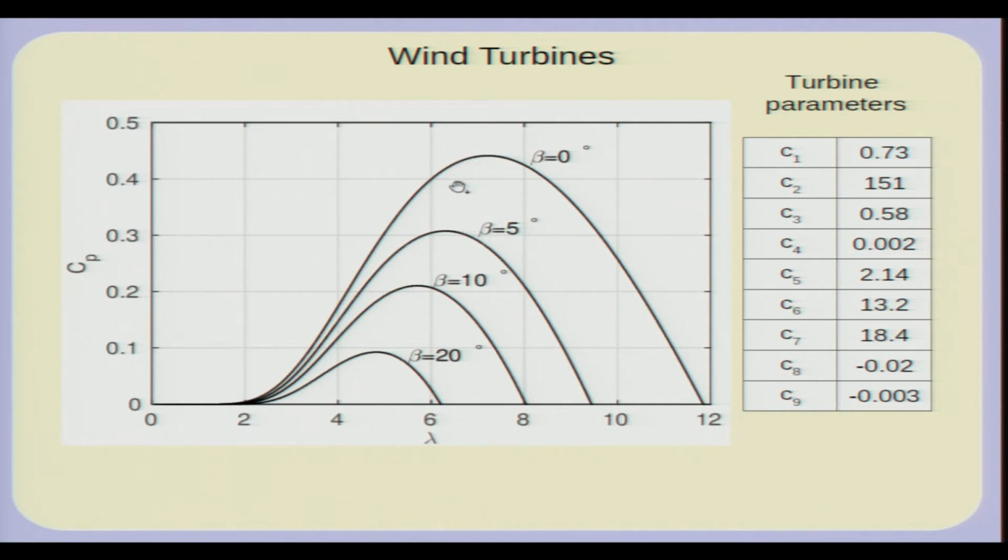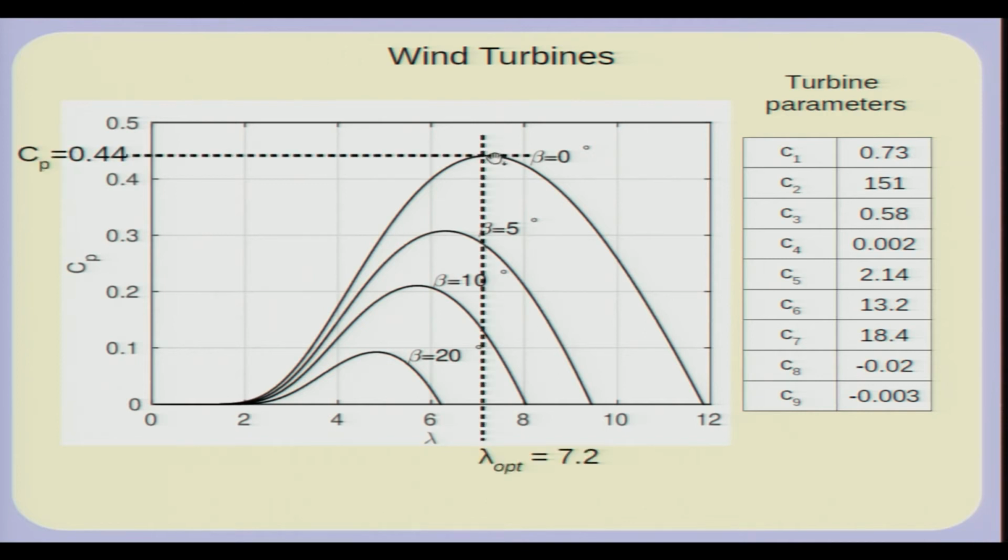Beta equal to 0 is the alignment of the blade where you get the maximum power. If you turn the blade, you will get less and less power. This maximum value is 0.544, which is lower than the theoretical limit I mentioned some time back, which is 0.59.